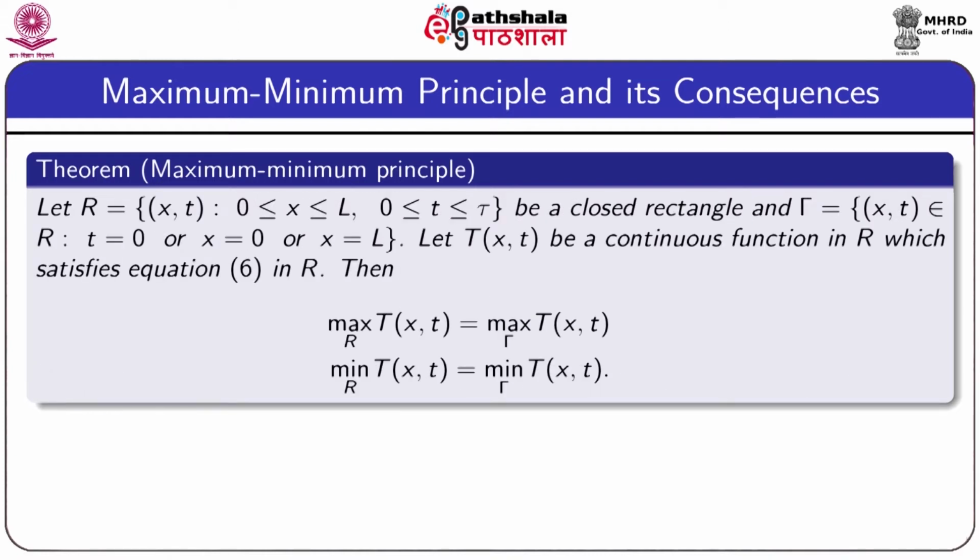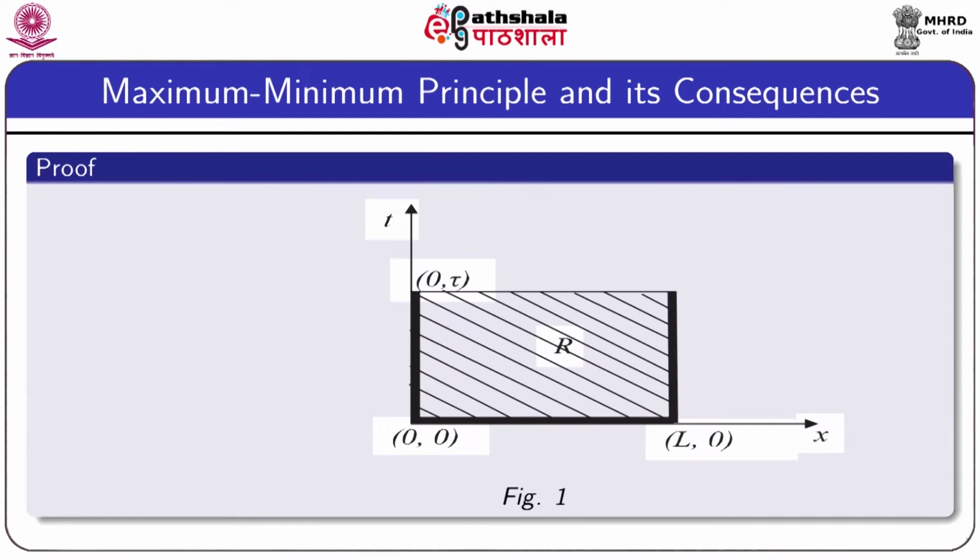Let capital R be the region given by 0 less than or equal to x less than or equal to capital L and 0 less than or equal to t less than or equal to tau, and this is a closed rectangle. If you see the figure, the region capital R is denoted by the shaded region in figure 1.